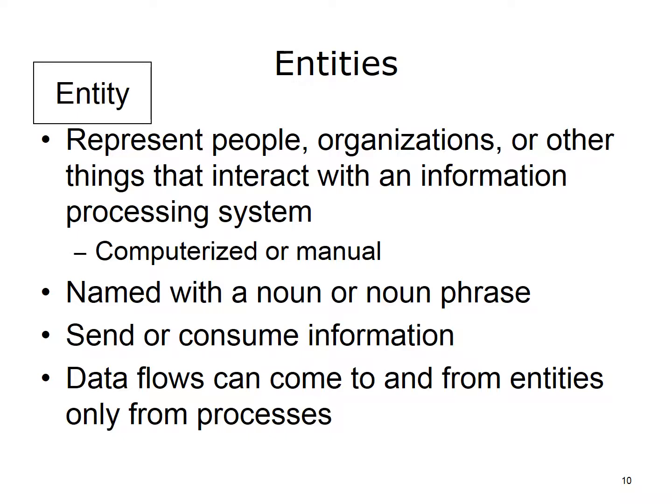This is because entities are used to represent sources or consumers of information that are not a part of the system being analyzed. If flow between entities, for example, were represented on the diagrams, then that would imply that they were part of the system being analyzed. As such, data flows to and from entities represent system interfaces, a very important thing to show.